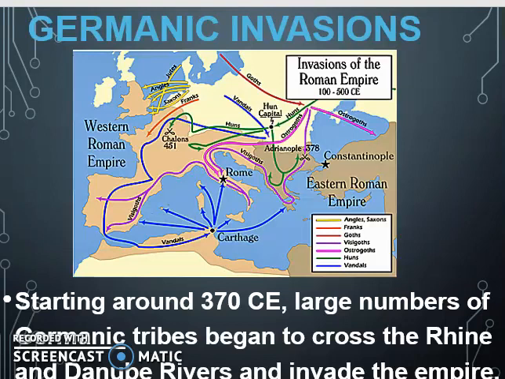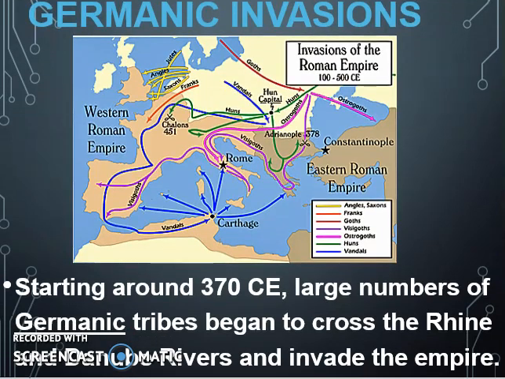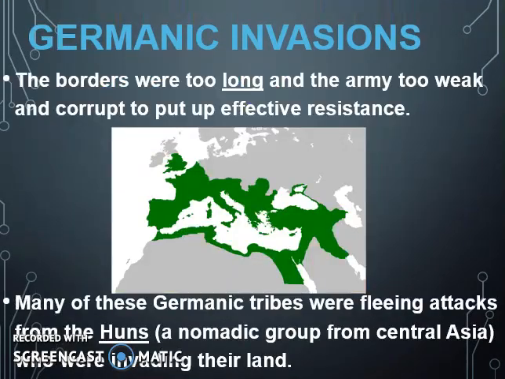Remember, they don't have enough troops or money to pay troops to defend the whole empire. It is so large. And Constantine made it one empire again. So all of these different invasions are going to take their toll on the Roman Empire. The borders were too long and the army too weak and corrupt to put up an effective resistance.